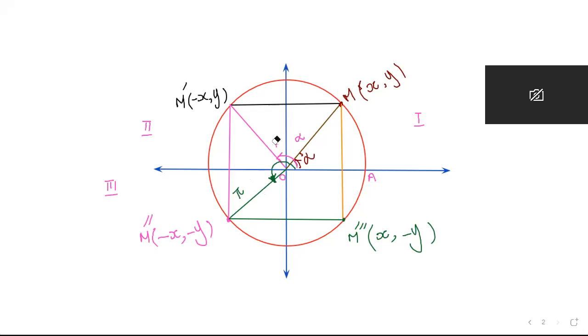Instead of pi, let me use 180. This is 180 minus alpha. And for this one, this is 180 plus alpha. Alpha is in degrees.